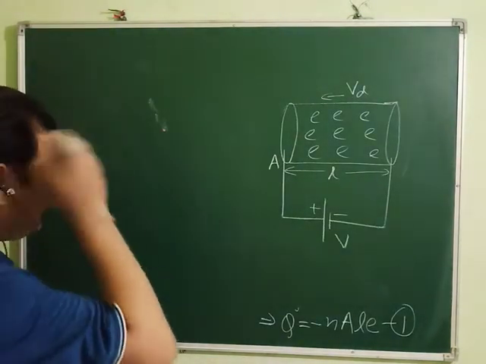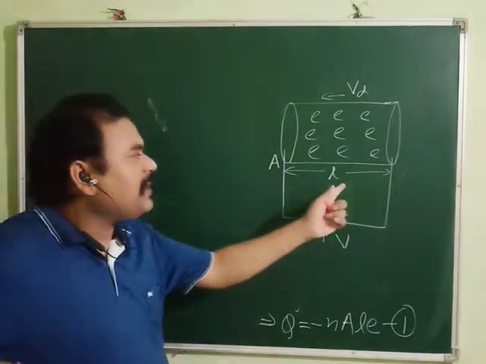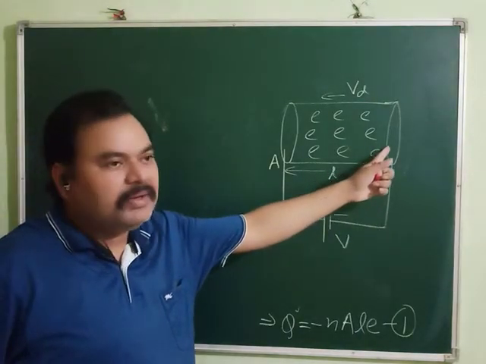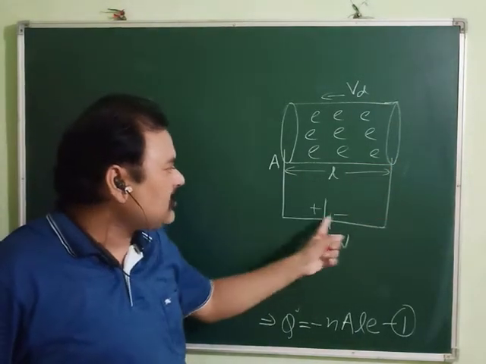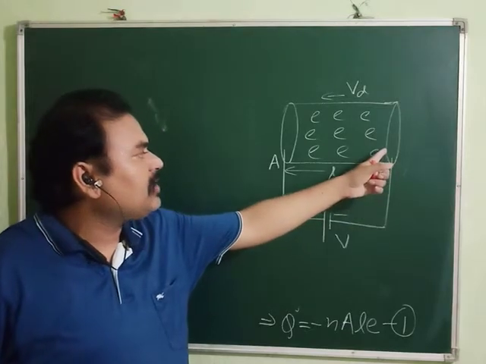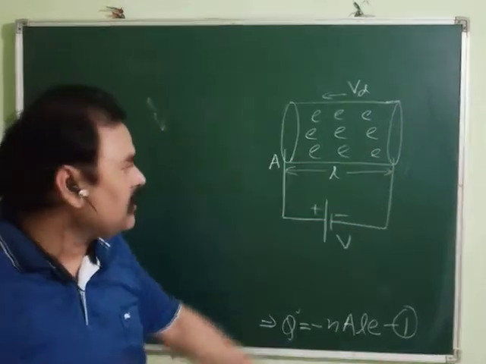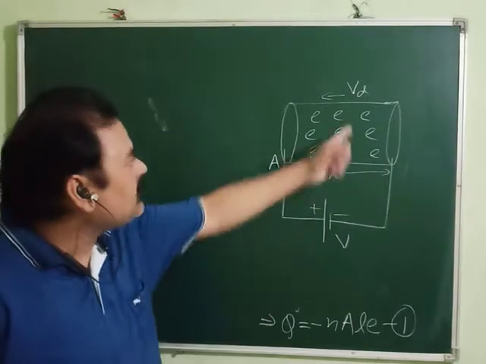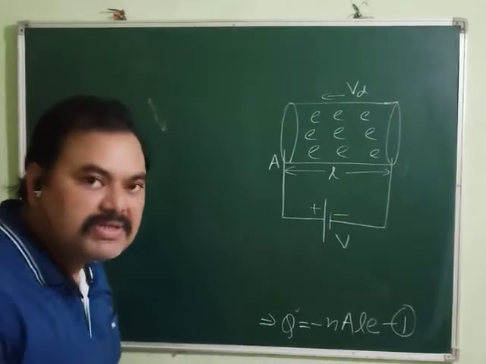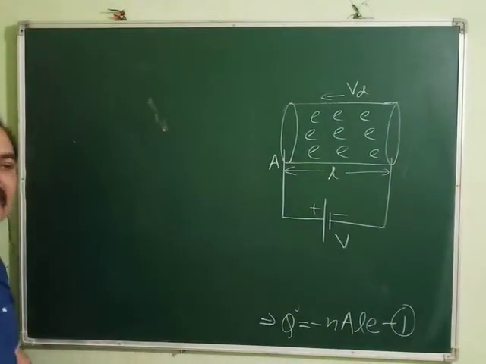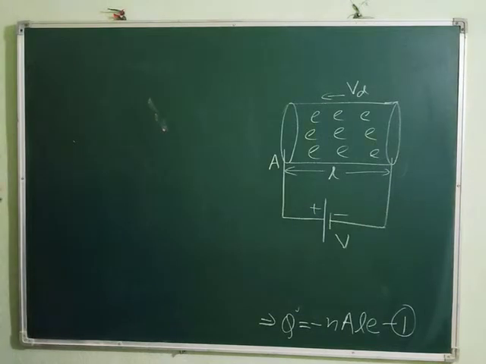Now see what will happen. What is the time taken by the electron to reach from the negative end of the conductor to the positive end? It has to cover length L. Its average velocity is the drift velocity Vd. When distance is known and speed is known, can you find out the time?